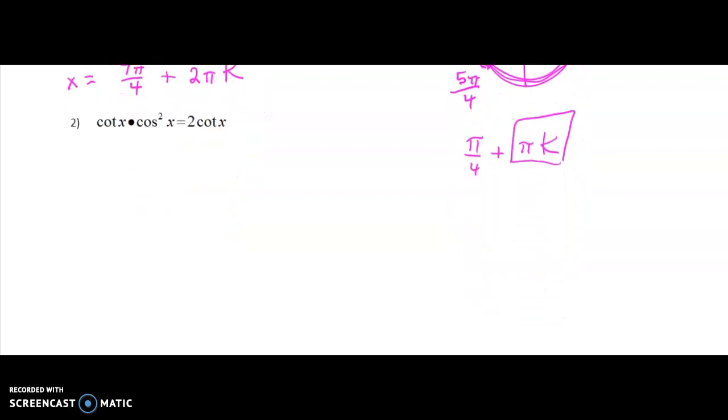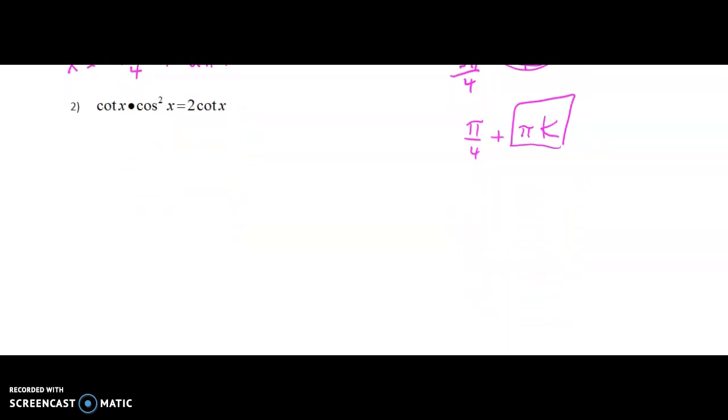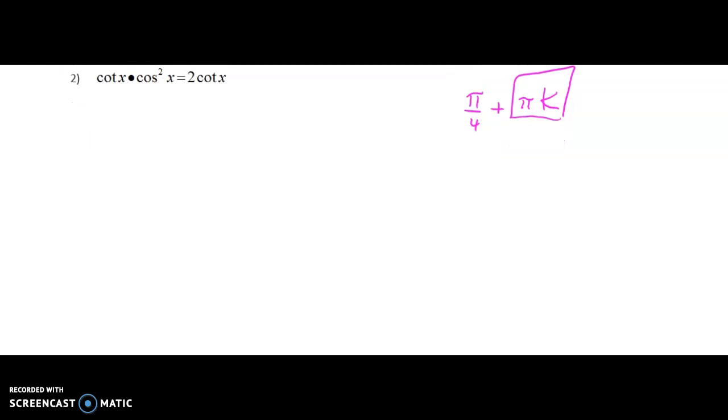All right, next problem. So we have cotangent x times cosine squared. My first thought is, I feel like we should rewrite this problem. One thing we don't want to do is divide by cotangent, because if you do that, that will eliminate cotangent.